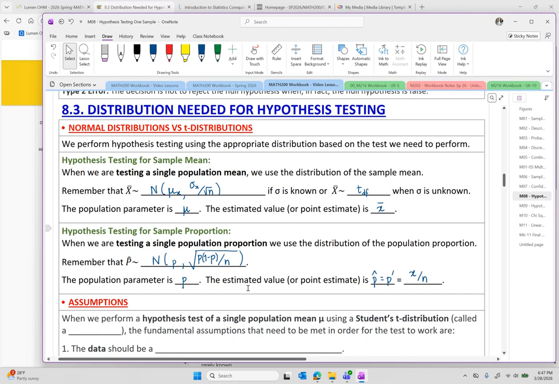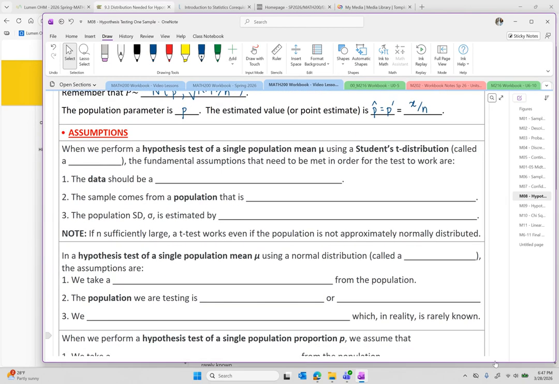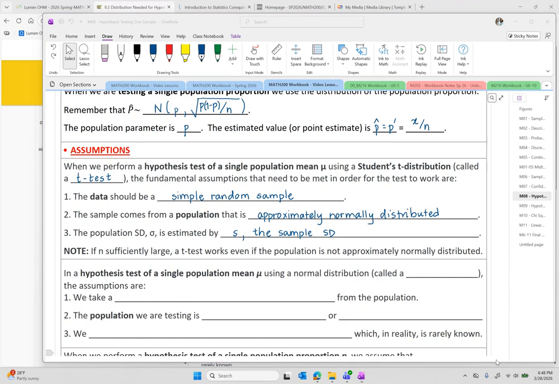Now, when we are using these distributions, we are making certain assumptions. When we perform a hypothesis test of a single population mean mu using the student's t-distribution, this will be called a t-test. We will assume that we don't know the standard deviation of the population.